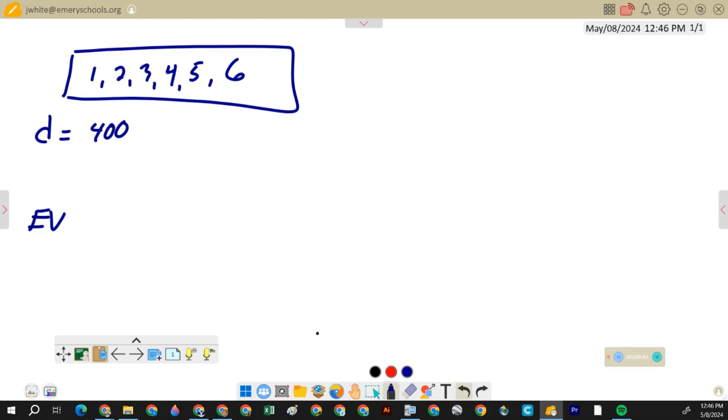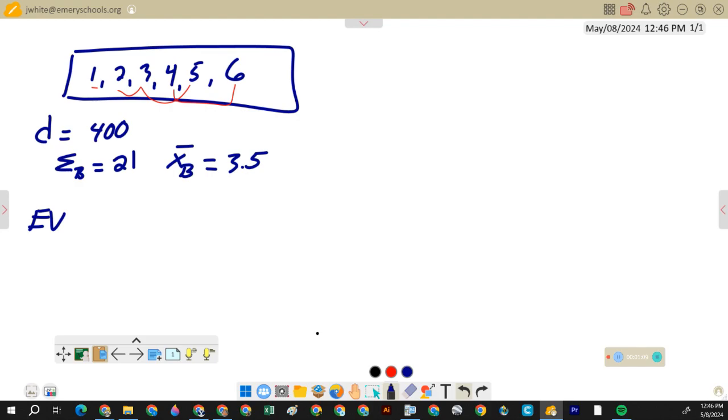Well, I need to know what the sum of the box is. So that makes 10. Those make 10. So 21. So the sum of the box is 21, which means that the average of the box is going to be 21 divided by 6, which is 3.5.